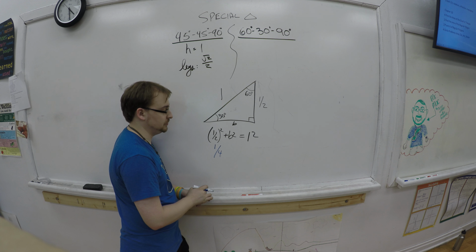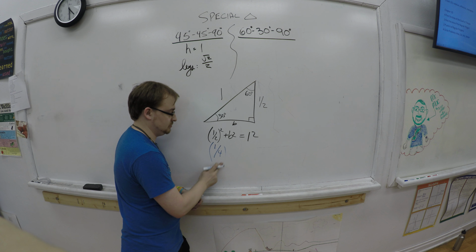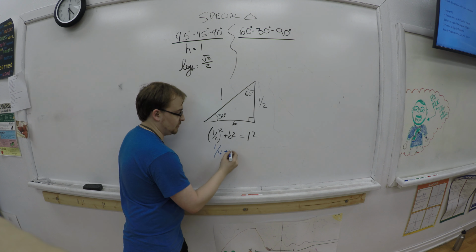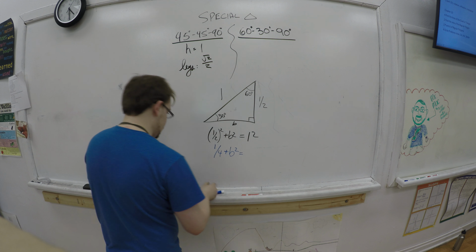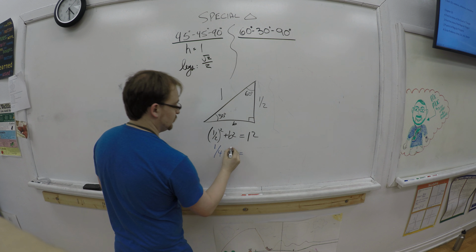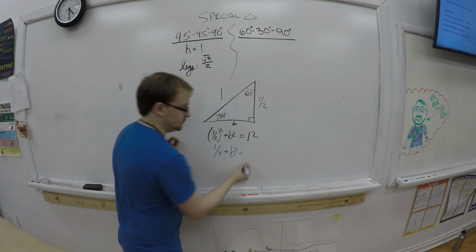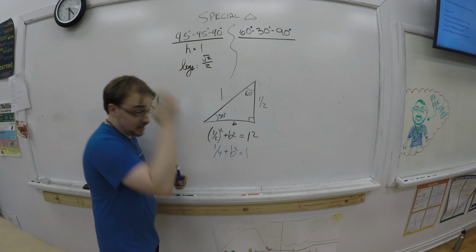That's all it is, okay? You could do that to it, you don't have to. I'm going to live dangerously, okay? So we're left with this. I guess the B squared was already given to us, so we can leave that in black. 1 squared is just 1, right? That's the beauty of having 1 as your hypotenuse. So we've got this.